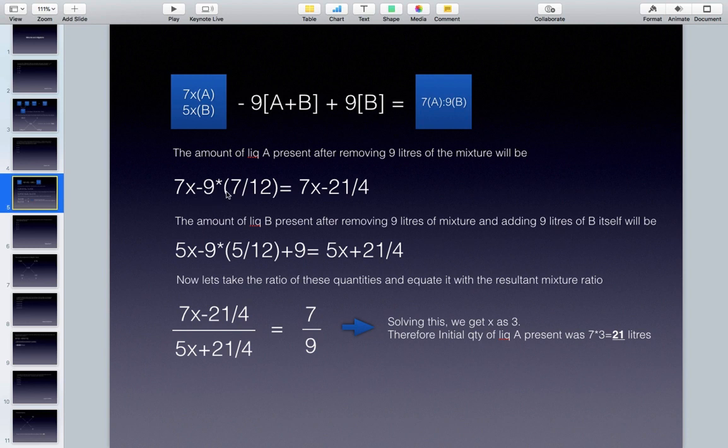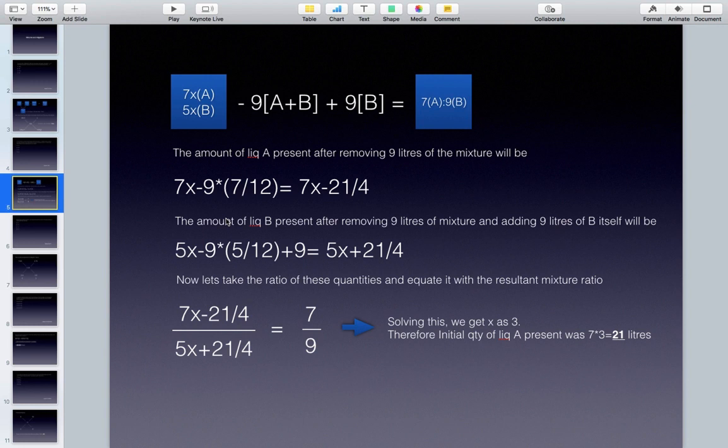So 9 into 7/12 will be A. In the 9 liters of A plus B, 9 times 7/12 will be liquid A. So that will be lost from this initial quantity. So we write 7x minus this, which we get as 21/4. So 7x minus 21/4.